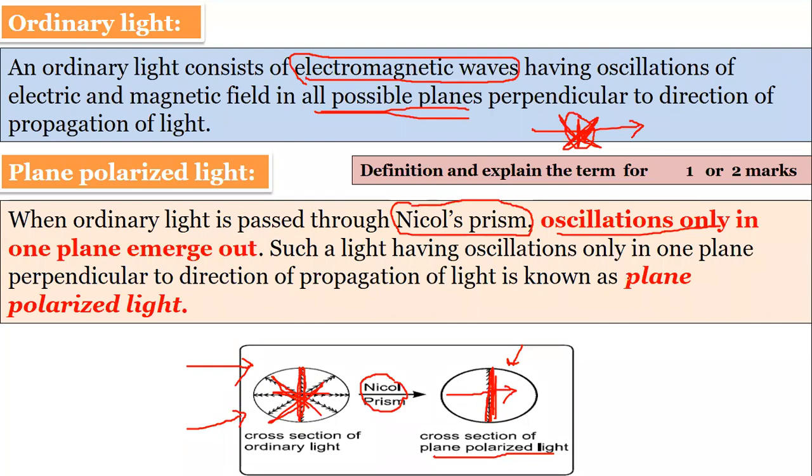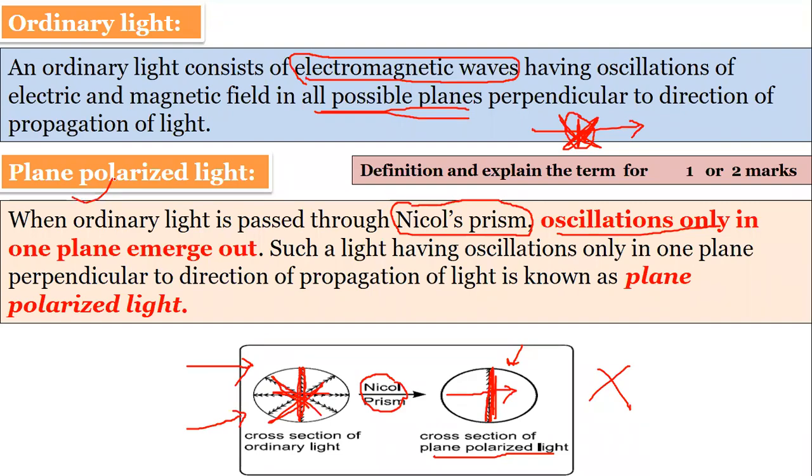Such light, having oscillations in only one plane perpendicular to the direction of propagation of light, is called plane polarized light. Do not draw this diagram; diagrams are not required for the definition. Only write the definition.